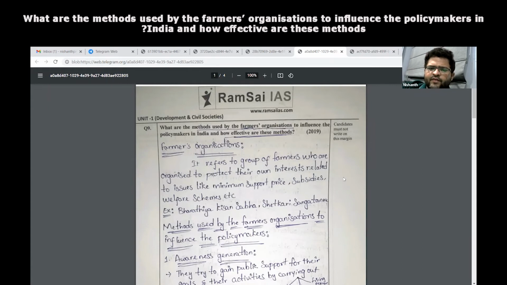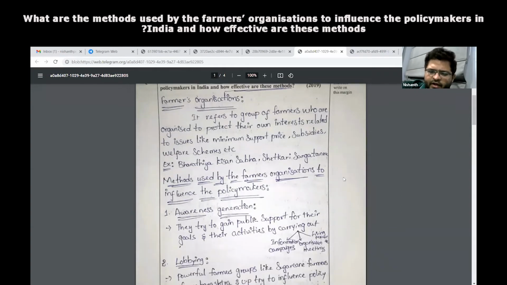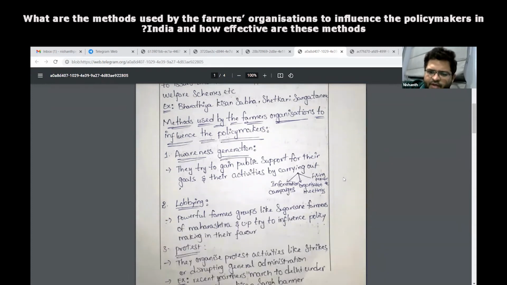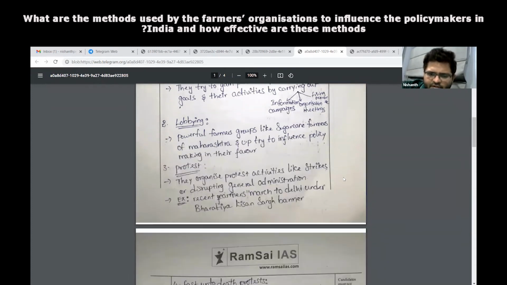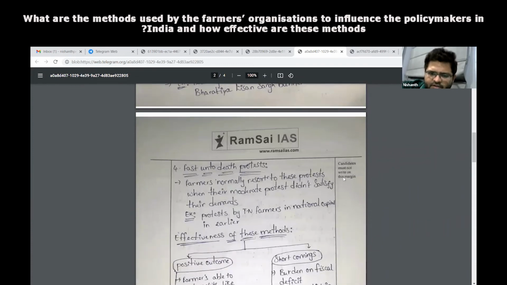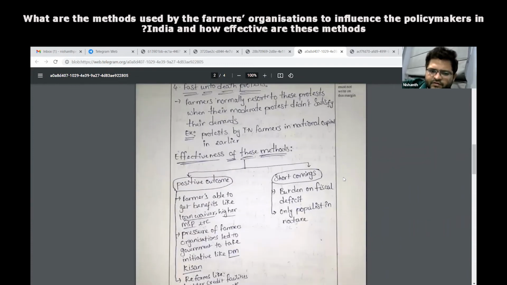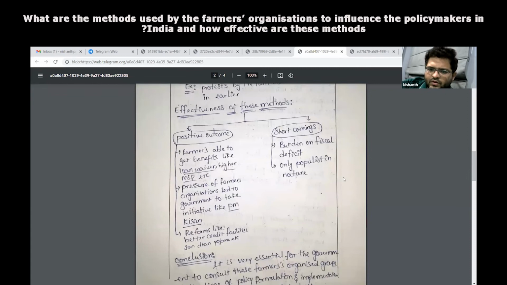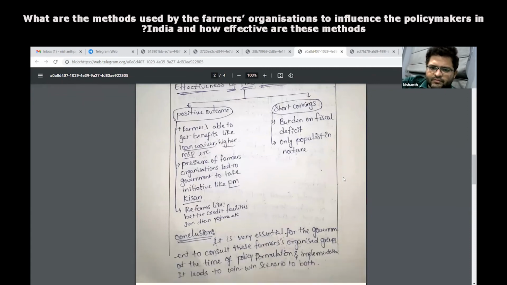You can simply write, farmer organization refers to. Okay, the introduction is good. Instead of the heading, you can directly write, farmer organization refers to. Methods used: awareness generation, lobbying, protest. Yes, fast unto death. Effectiveness, positive outcome, shortcomings. Very good. One of the very good answers, Soumya.